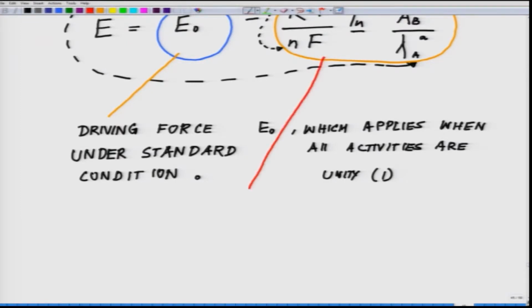This second term is showing the dependence on reagent concentration. Now, what does that physically mean? There is a physical meaning to these two things, and for that I will be again going back, taking help of the diagram here to make you understand.